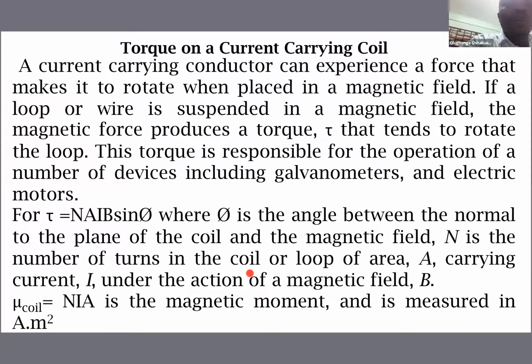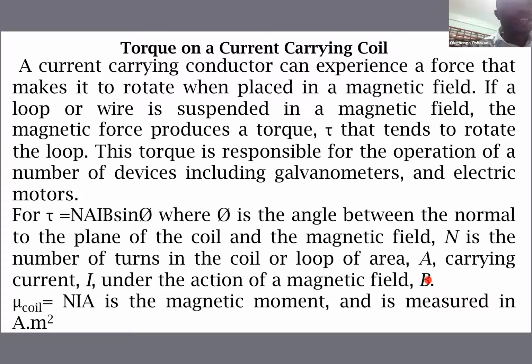The number of turns or loops is N, and A is the area of the loop, and I is the current flowing through the loop, and B is the strength of the magnetic field applied to the coil.